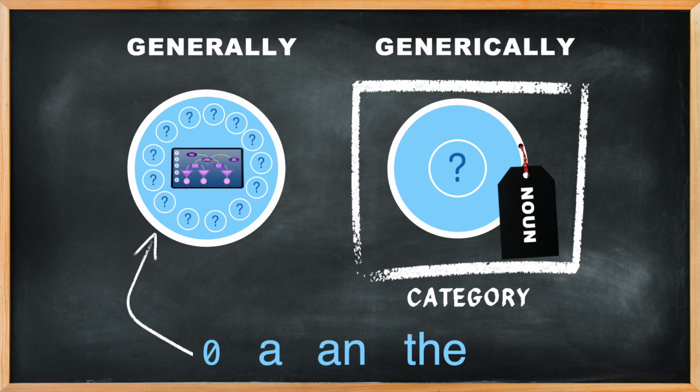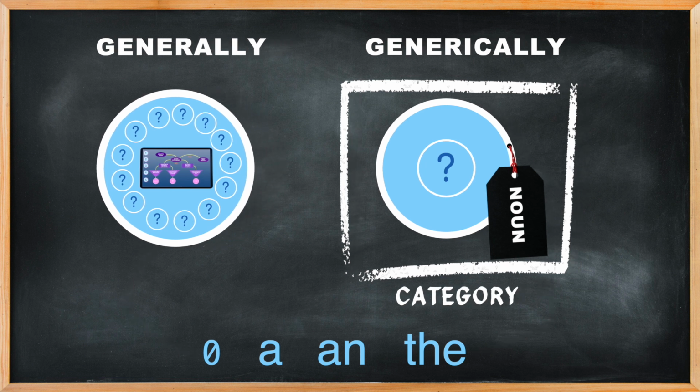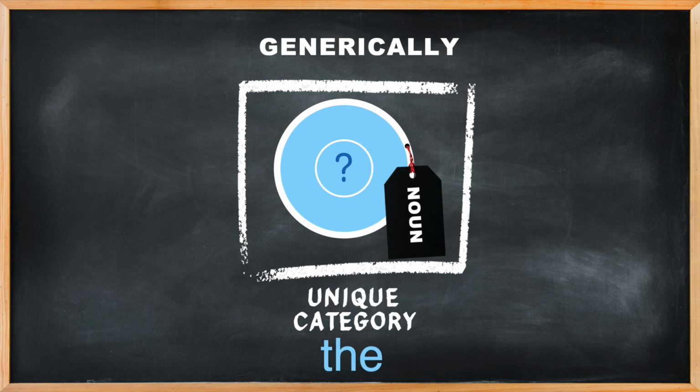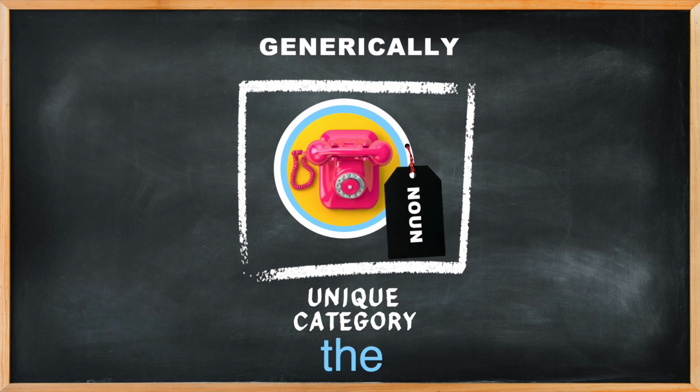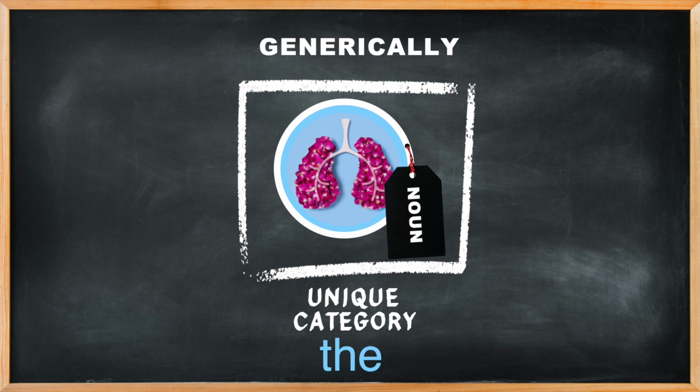But nouns used generically can use any article that fits well in the context we are creating. Additionally, when we want to emphasize the uniqueness of a particular category of things, particularly with species of creatures and plants, inventions, devices, and parts of the body, we tend to use the definite article the.